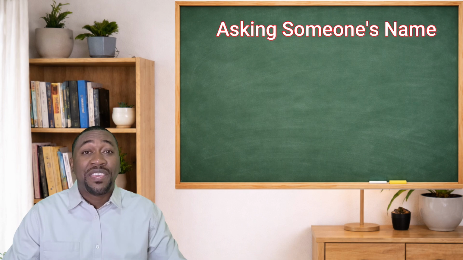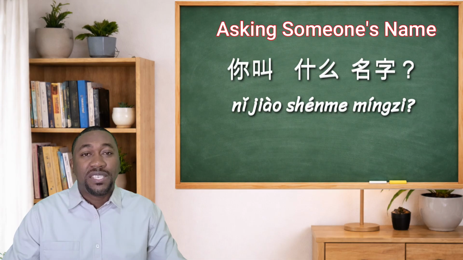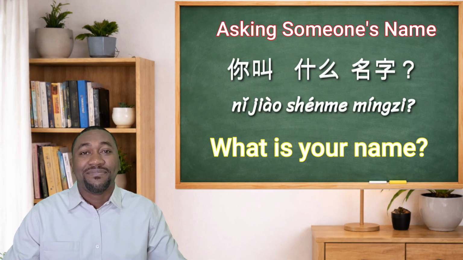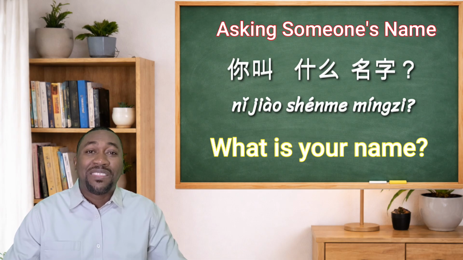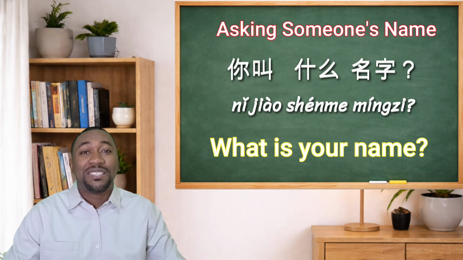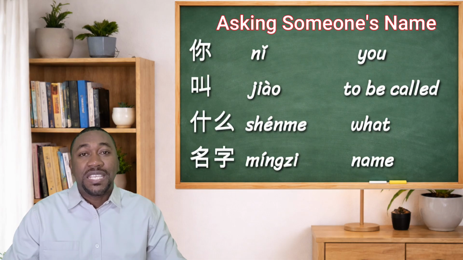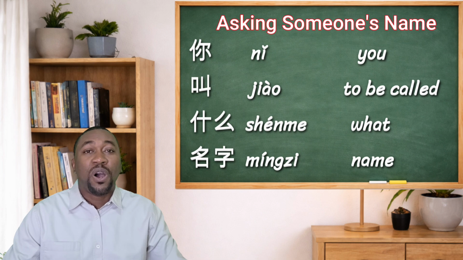Now, to ask someone their name in Chinese, you'll say 你叫什么名字? Let's look at the vocabulary and the structure of this question. We have 你, which means you. Then we have 叫, which is the verb to be called. Then we have 什么, which is the question word what.